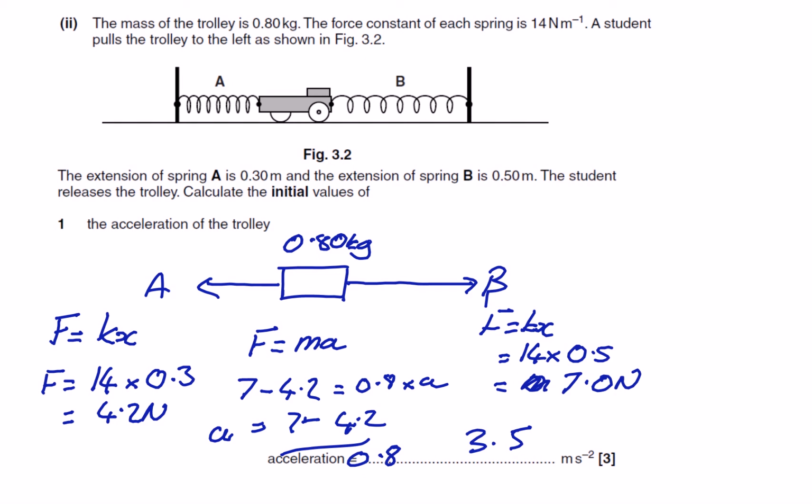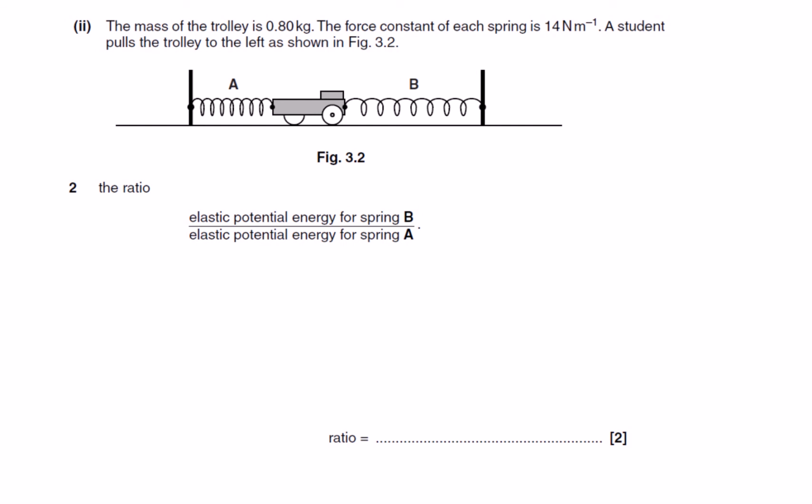Now let's move on to the second part of this. I've put the diagram in again for us. Now what we've got to do is work out the ratio of the elastic potential energy for spring B over the elastic potential energy for spring A. Now the elastic potential energy, let's call that E, is going to equal 1/2 kx squared.